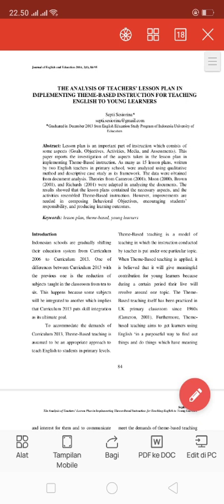We will enter the journal that we are analyzing, a journal entitled The Analysis of Teacher Lesson Plan and Implementing the Best Instruction for Teaching English to Young Learners, volume 2 of the journal for 2014. The first, we will discuss the title.